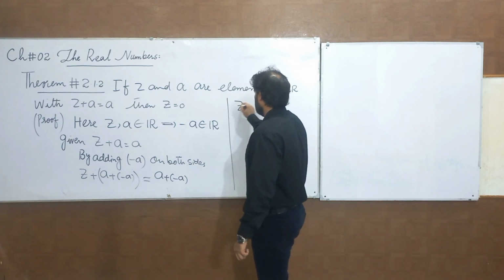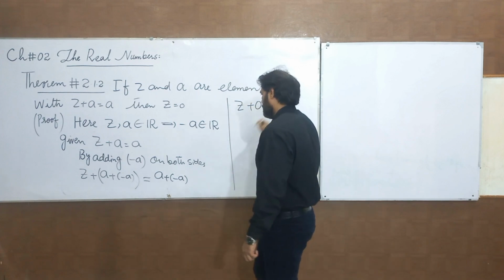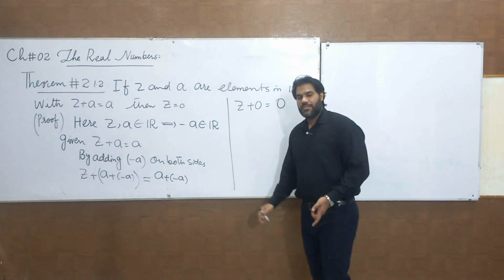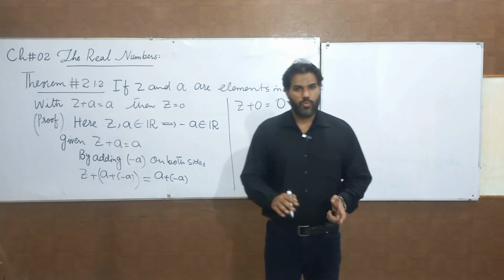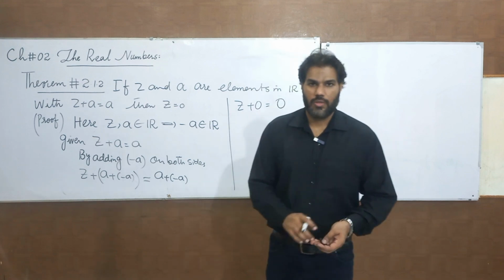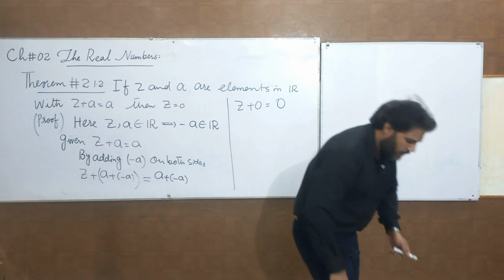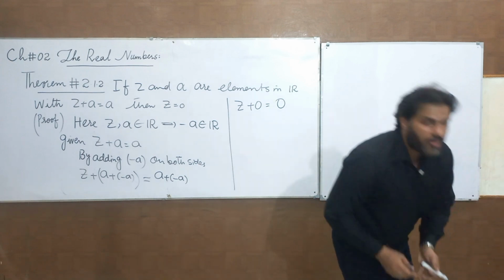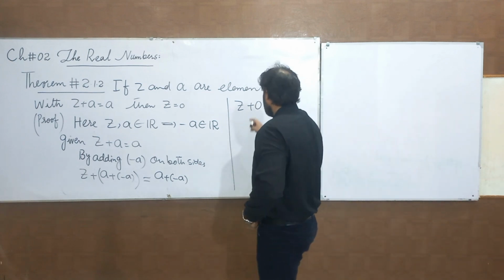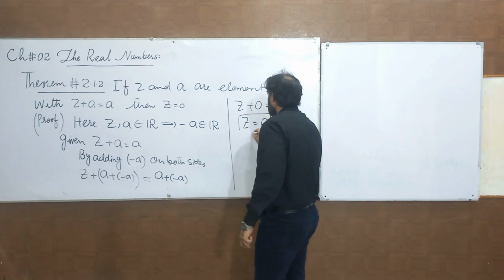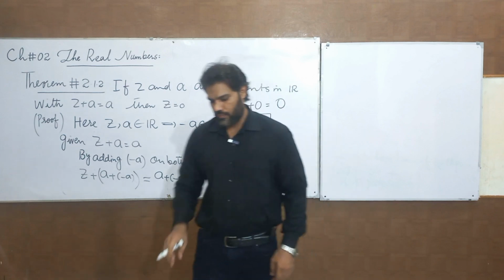So the left side becomes z plus 0 and the right side is also 0. As 0 is the additive identity, when we add 0 to any element of R, it will not affect that element. So this gives z is equal to 0, and that completes the proof.